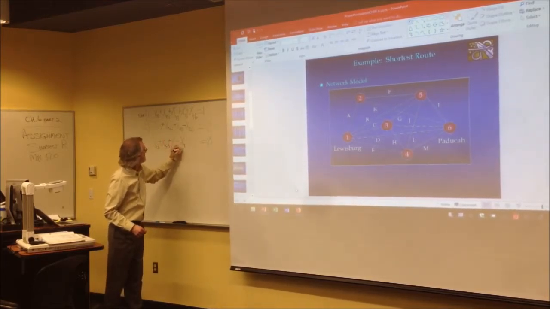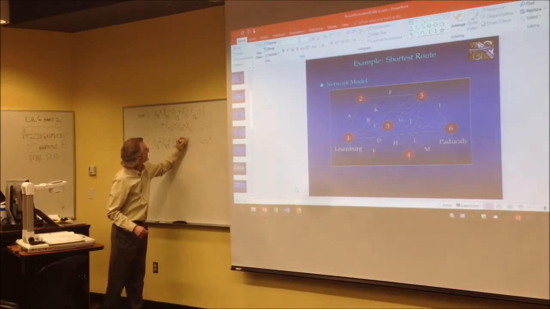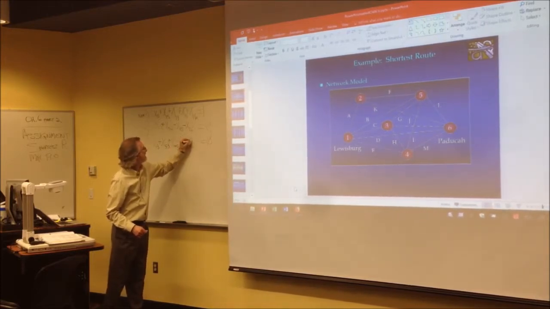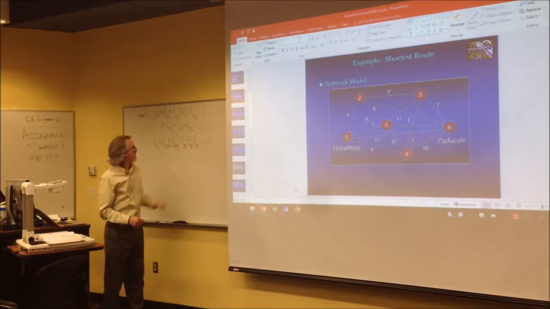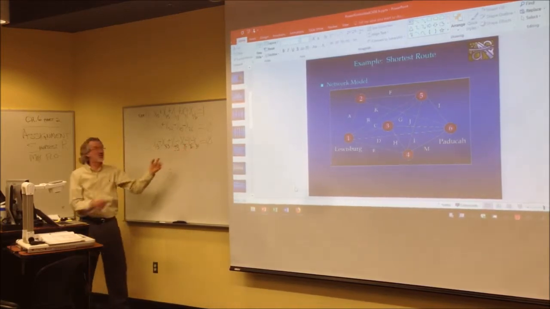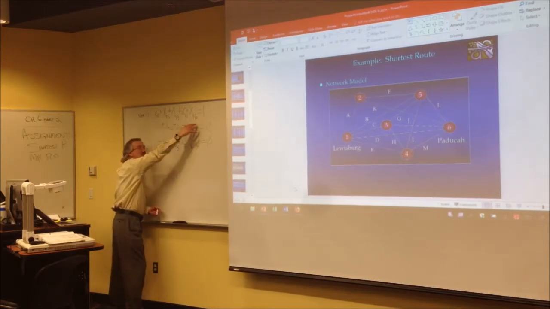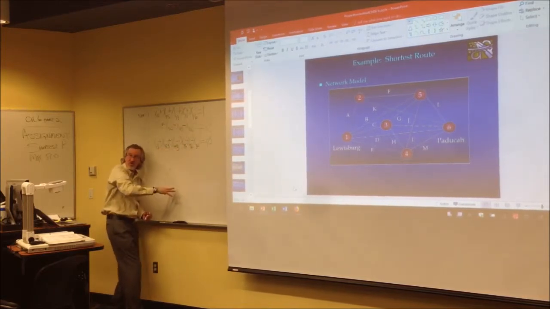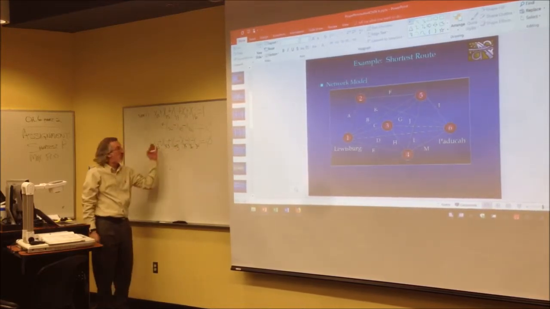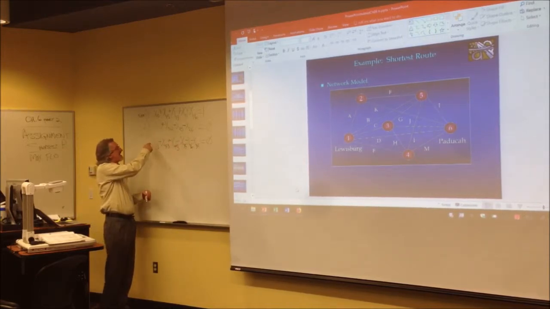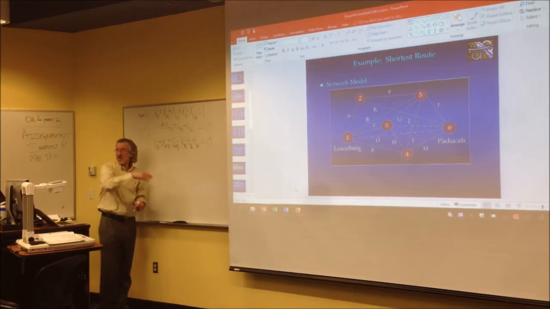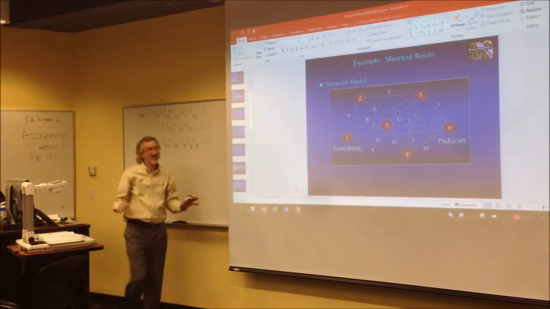Negative x3,5, negative x3,6, negative x3,4. Doesn't matter what order you put them in, by the way. As long as you got the negatives and the positives consistent all the way through, it doesn't matter what order you put this in. I could have started with a negative x3,4 plus x1,3. That doesn't matter. As long as you have the negatives and positives correct.